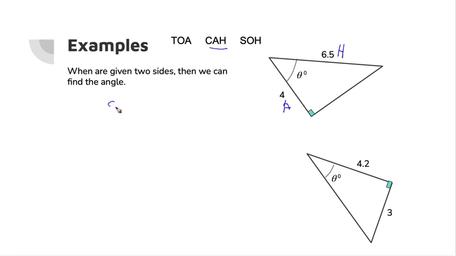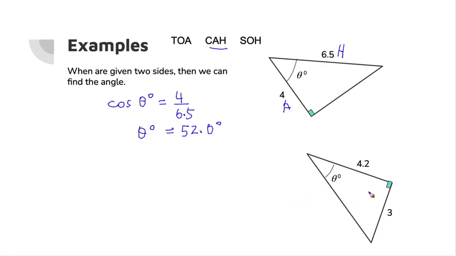So we have cosine of the angle, put the degrees, equals adjacent over hypotenuse. And we use the inverse function to work out, and this gives us 52.0 degrees. So for angles, it's always 1 decimal place.